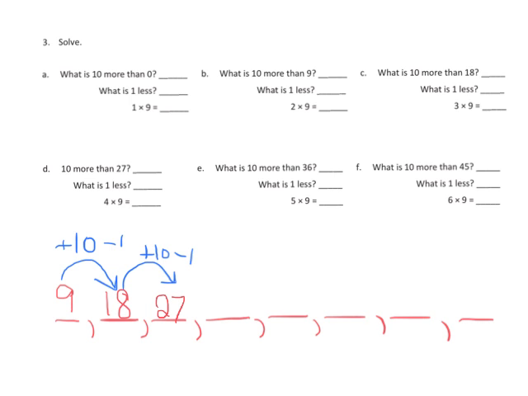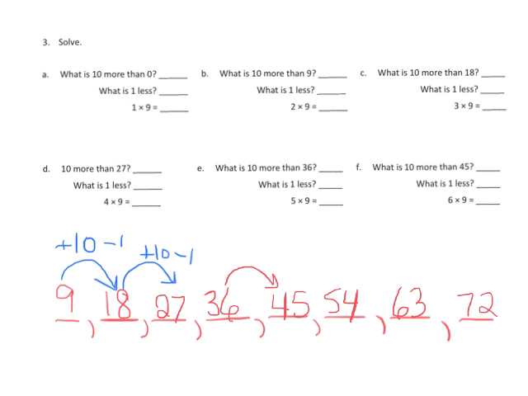And we're going to add 10, that gives us 37, but subtract 1, that gives us 36. And now 36 plus 10 is 46, minus 1 gives us 45, and then we can get 55, but minus 1 is 54. 64 minus 1 is 63. 73, but minus 1 is 72.